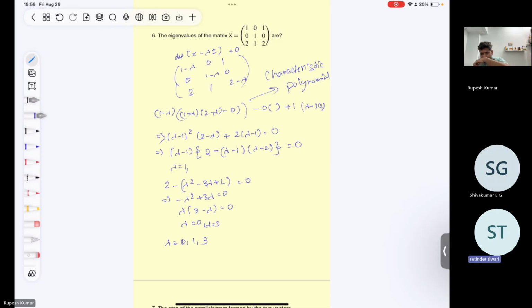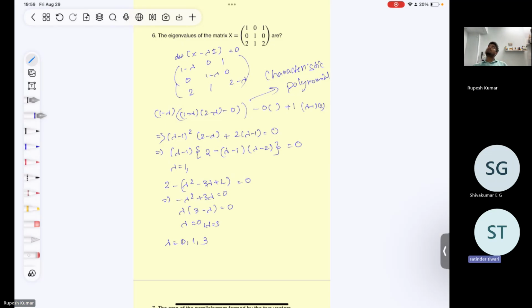We can transform that part, rank deficient, and then we can find the eigenvector again. No, you can't figure out a 2 cross 2 matrix always, but you can always figure out a 3 cross 3 matrix with one of the rows or one of the columns to be zero, not both. Okay, if the determinant is coming out to be 0, now we are confirmed that one of the values of lambda is 0.